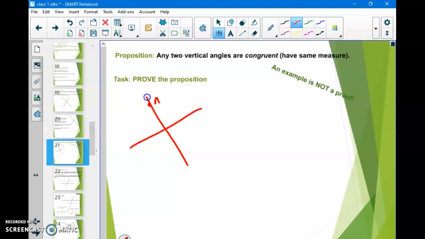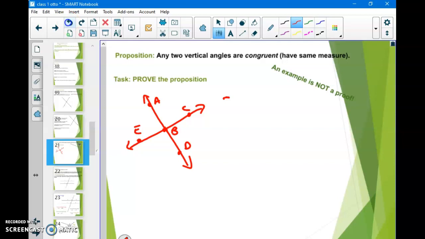So I'm going to go ahead and do some labeling here. Before we said things like these two would be vertical angles and these two would be vertical angles, and so we're going to see if we can prove that.